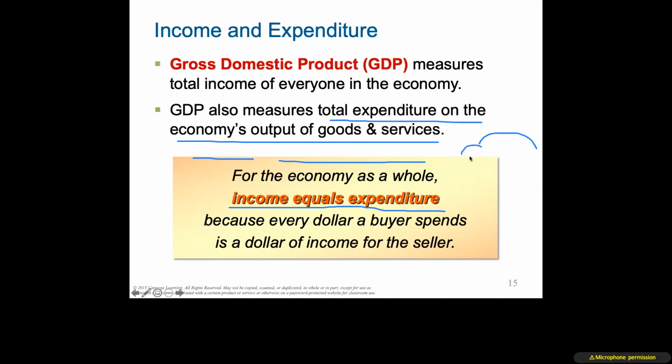Why? Because of that circular flow diagram. Notice there was nothing in there that had one of these not the same as one of these, right? Everything came in, everything went out, everything came in, everything went out. Thus, income of an economy has to equal the expenditures of that economy. Because every dollar a buyer spends is a dollar of income for the seller.